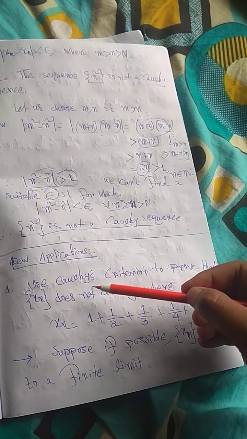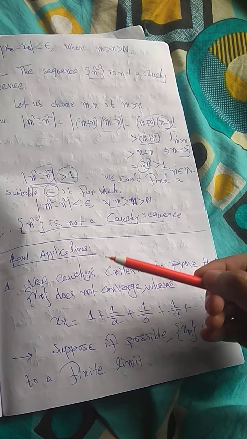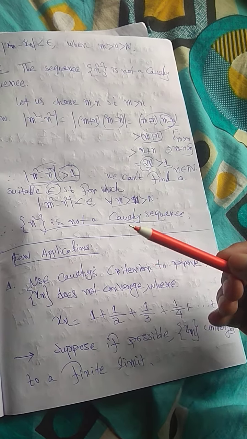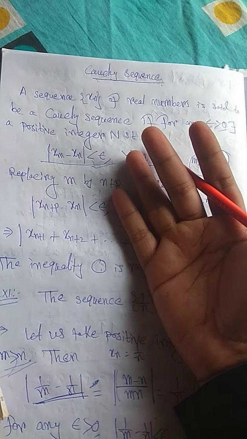Now let me establish a few applications of the Cauchy criterion. Again, I'll give you two examples. One gives you a negative answer, another gives you a positive answer using the Cauchy criterion. Now what is the Cauchy criterion? This difference less than epsilon, this itself is the Cauchy criterion.